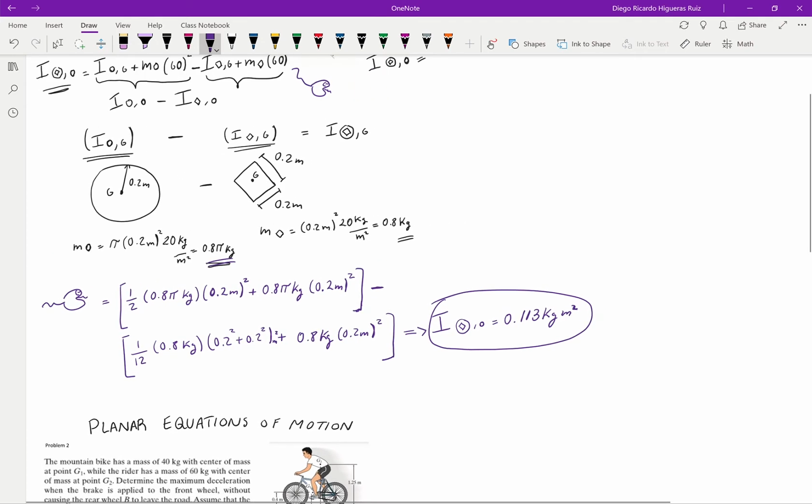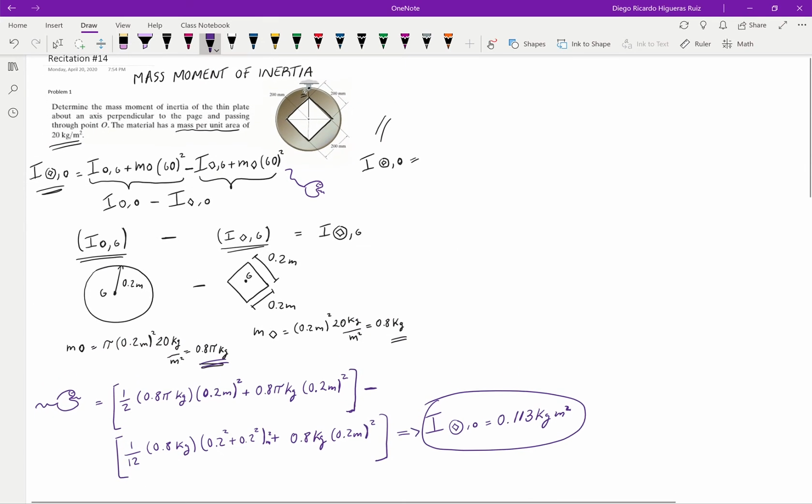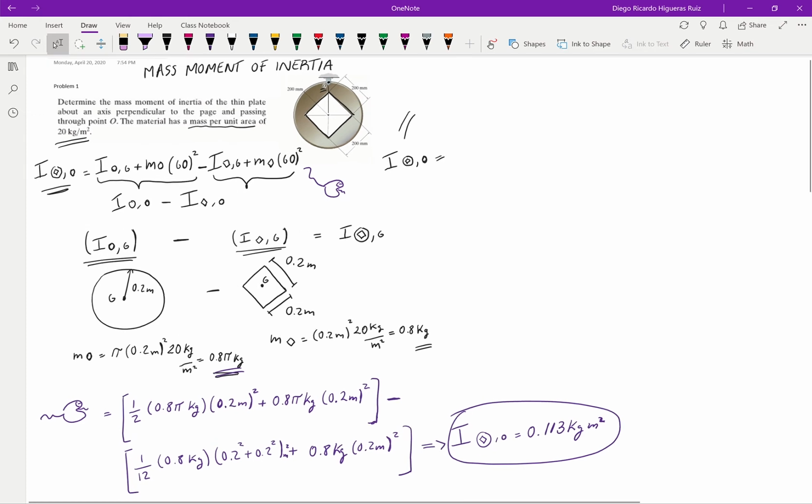Alright, so the problem is kinda long, but there isn't any major complexity in this problem. It's not very complex or very difficult.